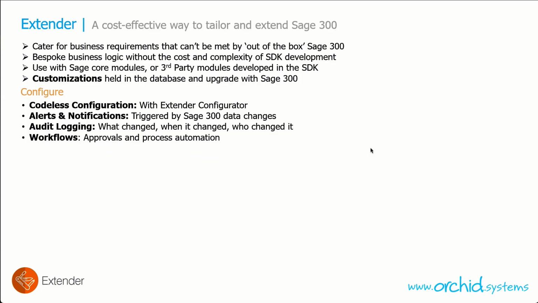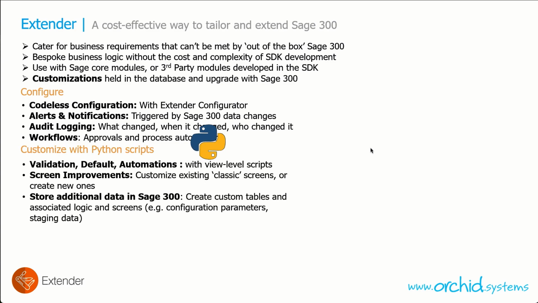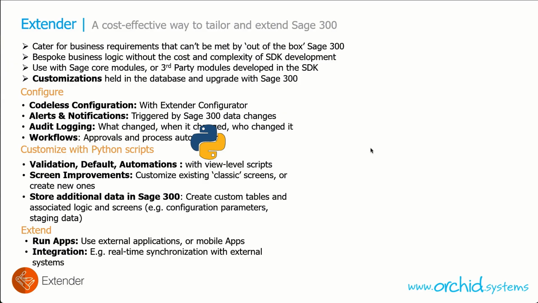So Extender comes in two main editions: Extender Configurator for logging, alerts, and approval workflow. This is what we're going to look at today using Extender Configurator. You can also use Extender to customize with Python script for validation, defaults, automation, storing additional data in custom tables in Sage 300, and run some apps.